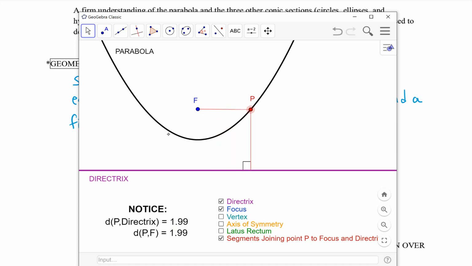So this parabola is a collection of points that are exactly the same distance from this point called the focus as they are from this line, I'm sorry, called the directrix. So that's what our geometric definition is trying to say. It's all the points that are the same distance from some point called the focus and some line called the directrix. Now, if I pick a different point for the focus and a different directrix, I likely will get a different parabola as long as the focus and directrix are further apart from each other or closer to each other. I would get a different parabola.